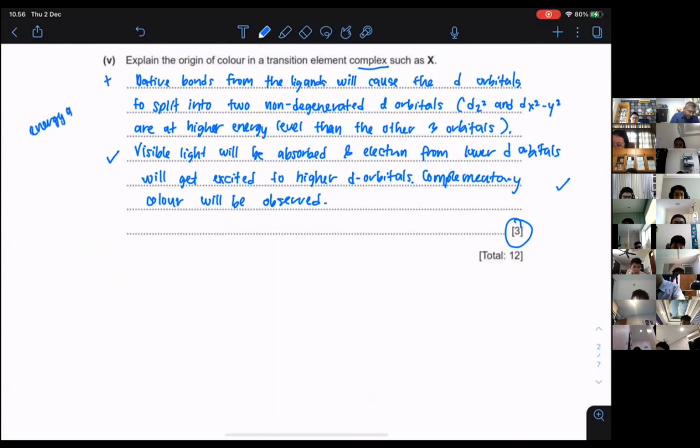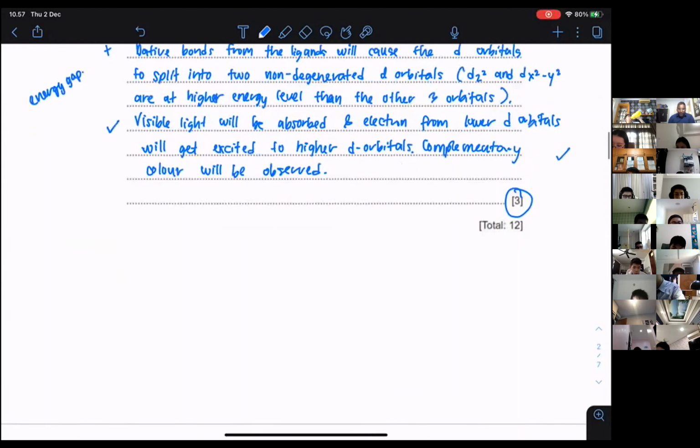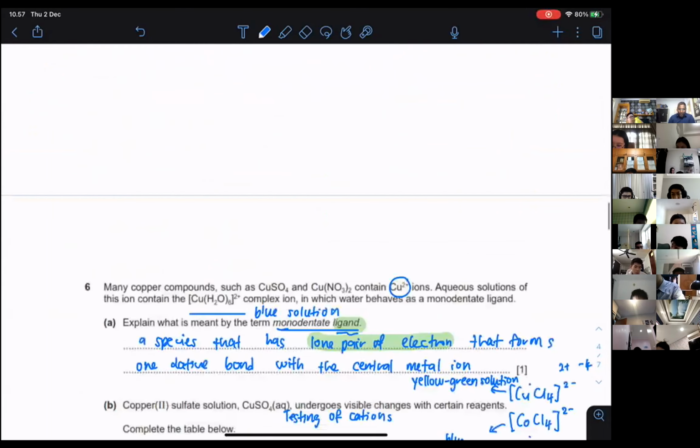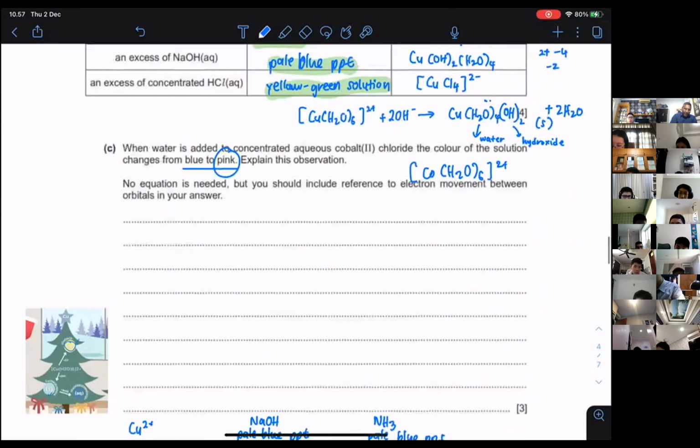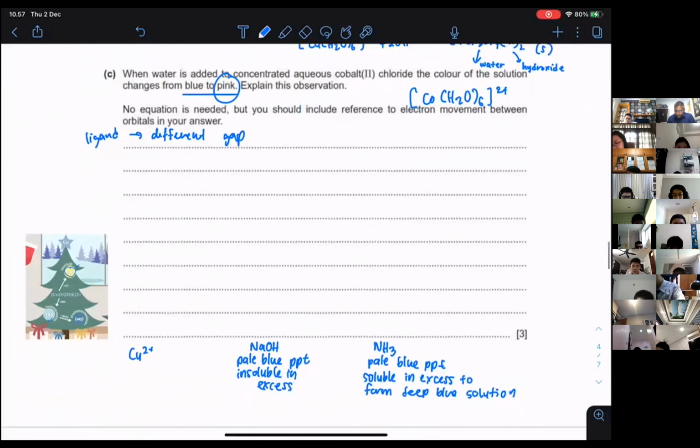Because of different energy gap, the visible light that will be absorbed is going to be different, and the complementary color also will be different. So that is what you need to put over here. Because of different ligand, you will have different energy gap. Because of that, you explain the rest, you still get the mark.